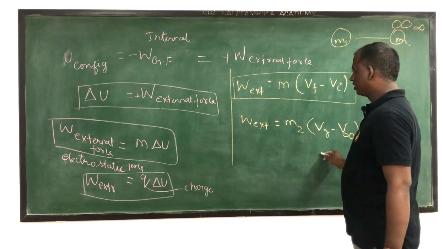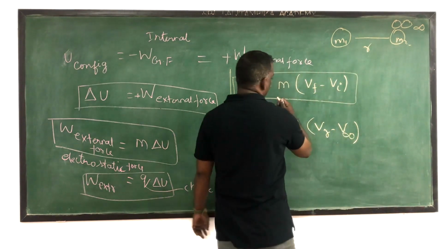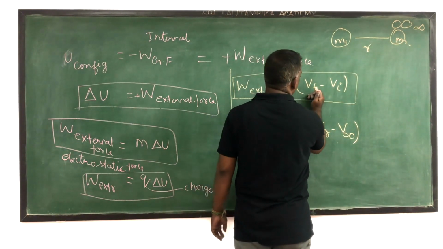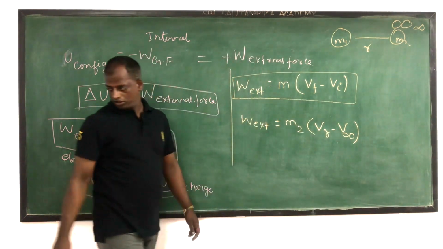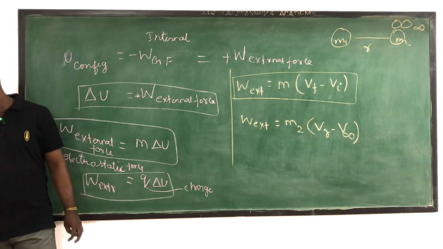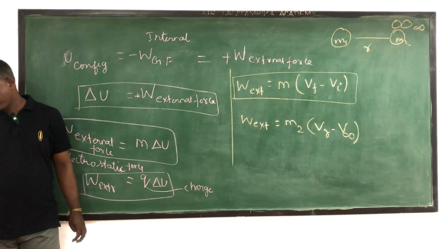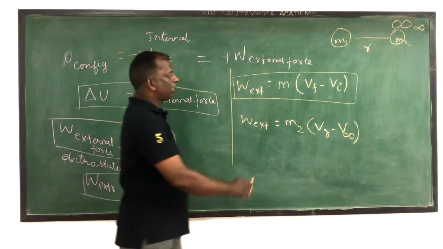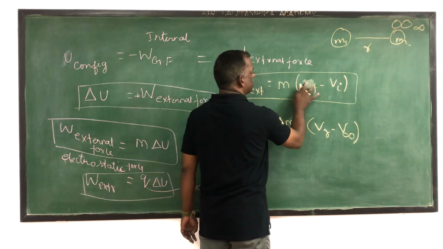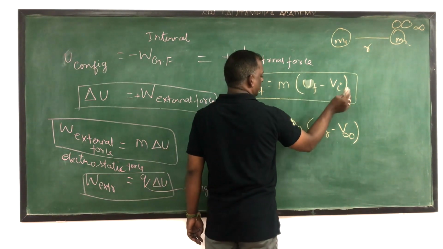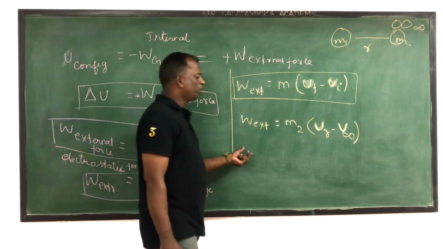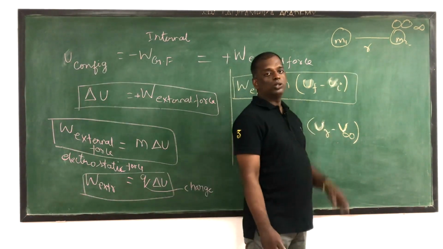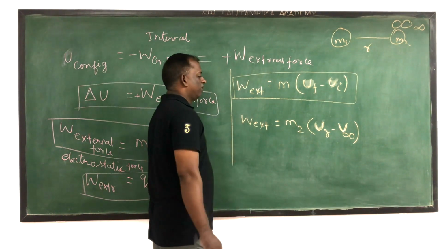So work done by the external force is equal to M into U final minus the initial. So this is U, the potential: initial potential minus final potential. We can find how much work is done by the potential between these two masses, the work done by the external force.